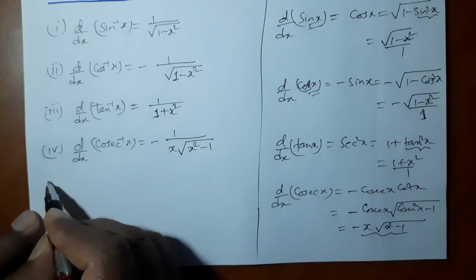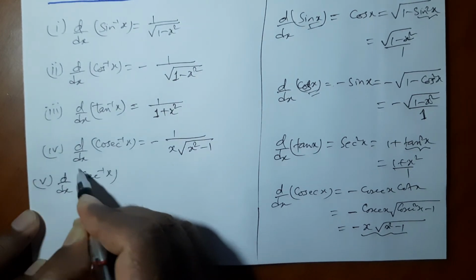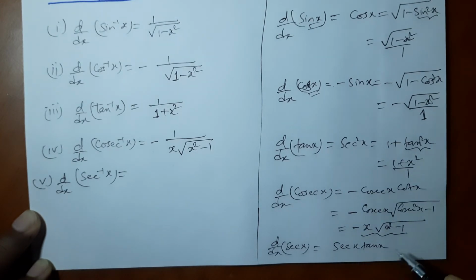All right, so now next to that is the derivative of sec inverse x. For the derivative of sec inverse x also, we take the help of the derivative of sec x, that is sec x times tan x. Yeah, and then here sec x is as it is, tan x means we can write root over sec square x minus 1, and sec x replaced by x, then sec square x becomes x square minus 1 here.